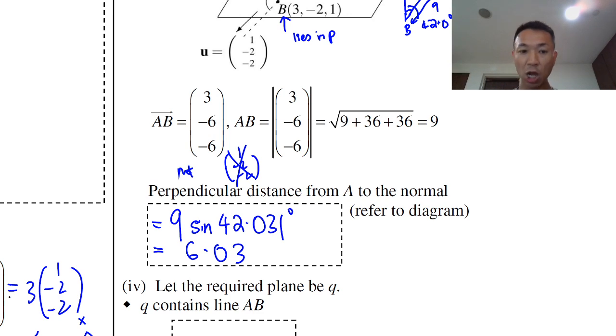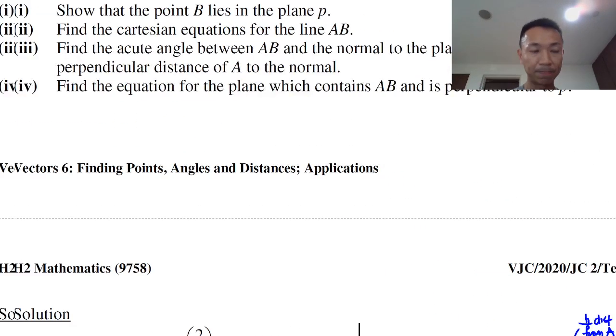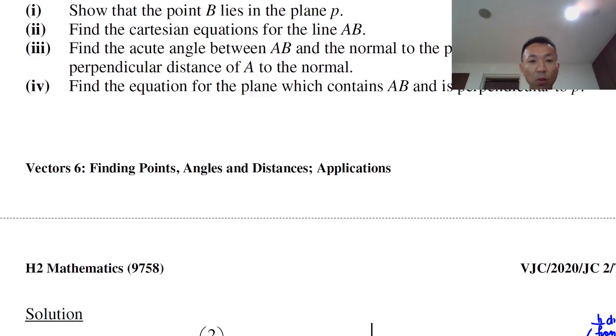Okay, last part. Find the equation of the plane which contains AB and is perpendicular to P. So you have a plane that contains AB and is perpendicular to P. Now, I just want to emphasize that usually we will want to find the equation of a plane in scalar product form, but in this case, they didn't tell you what form to give. So it needn't matter.